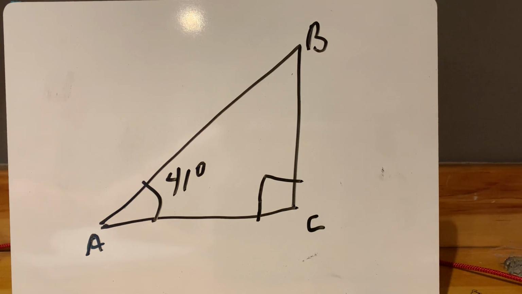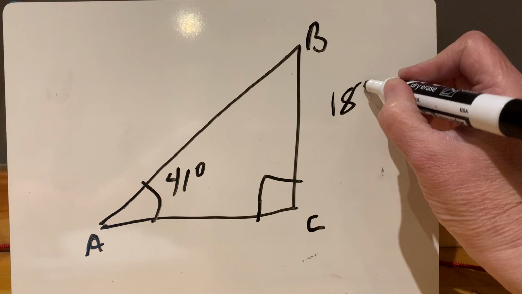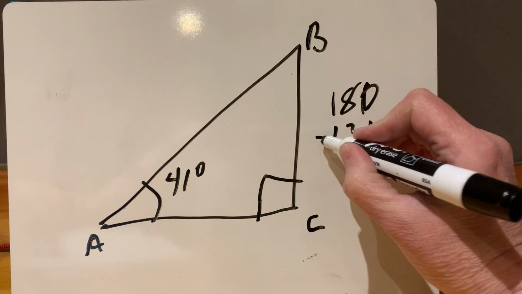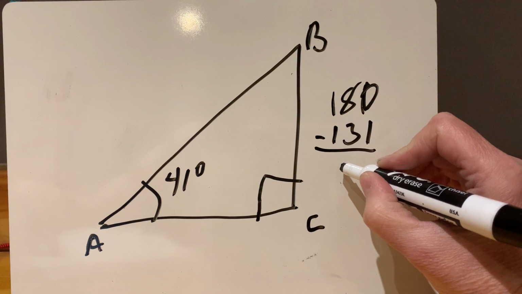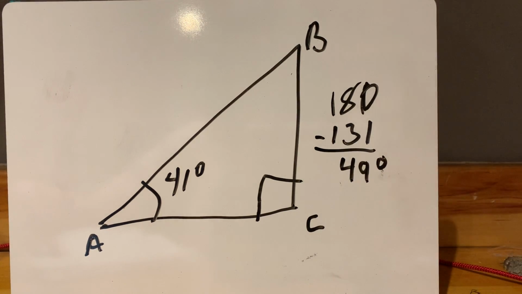The measure of angle B plus the measures of angle A and C must total 180 degrees. We find the measure of angle B by subtracting 131 from 180. When we subtract 131 from 180, we find that the measure of angle B is 49 degrees.